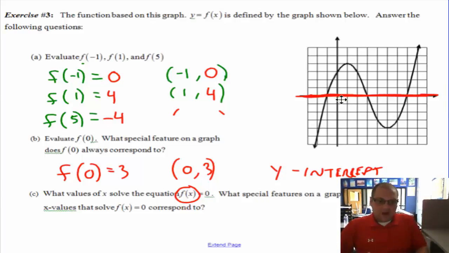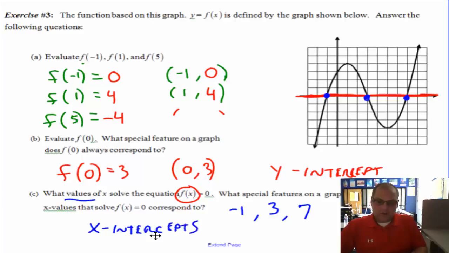In this case, it hits here, here, and here. It says values, so there's more than one: negative 1, 3, and 7. And what special features are these? Well, it's hitting the x-axis, so these are called x-intercepts.